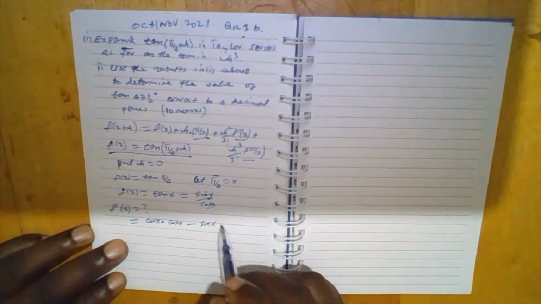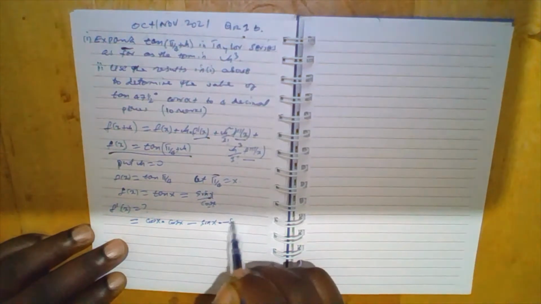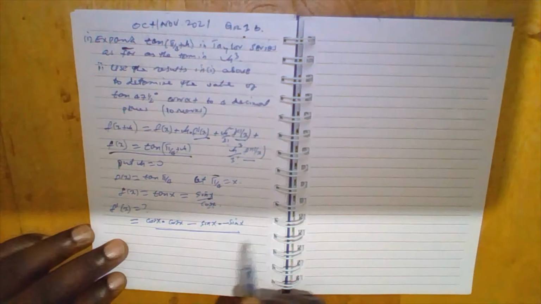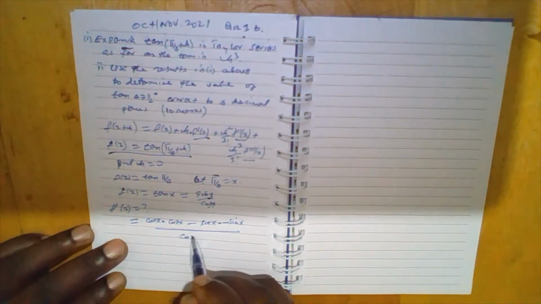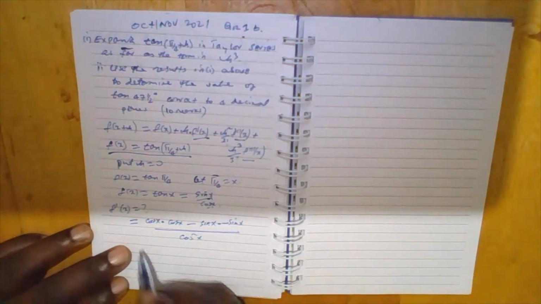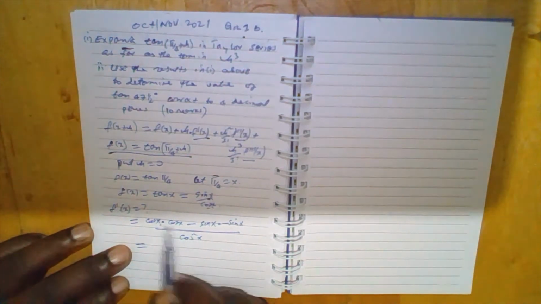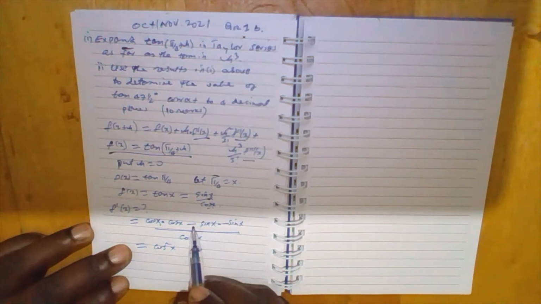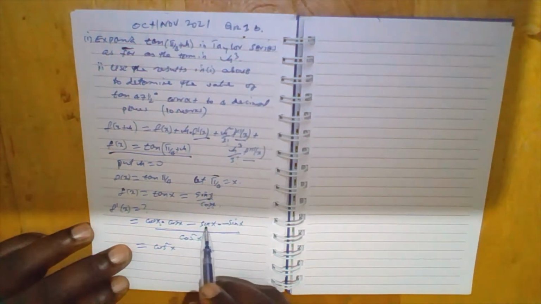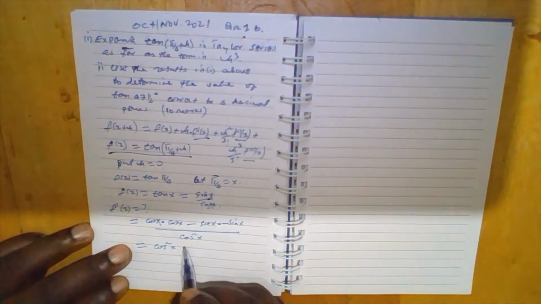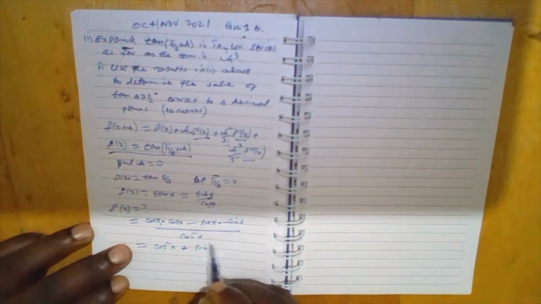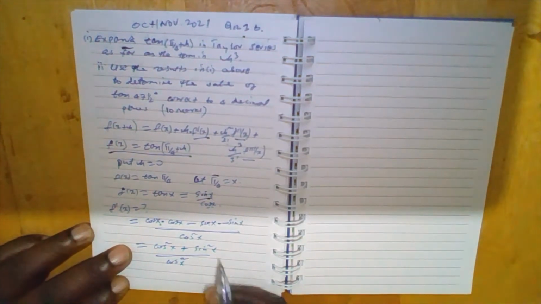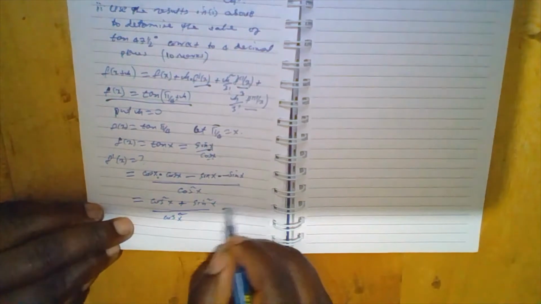When you differentiate cos x, you get minus sin x, then over bottom squared, which is cos x squared. So this equals cos x times cos x, you get cos squared x, and then minus sin x times minus sin x gives plus sin squared x, all over cos squared x.